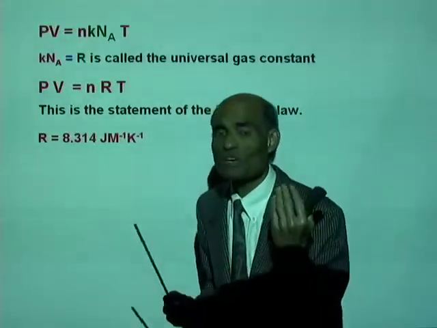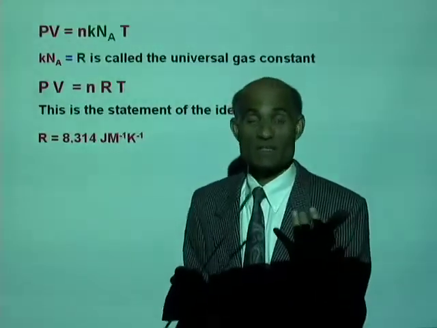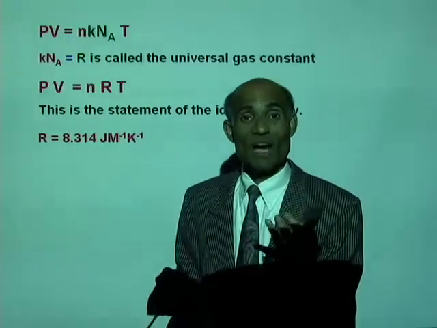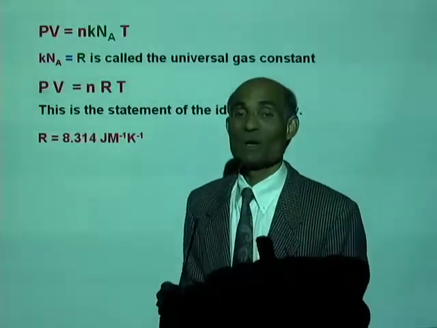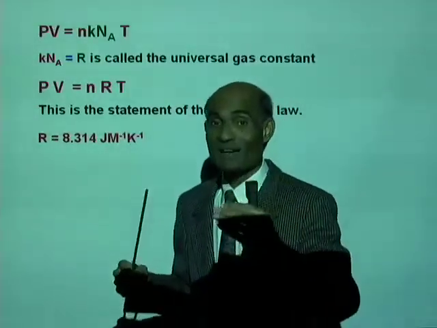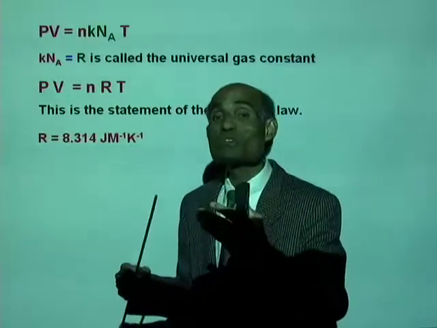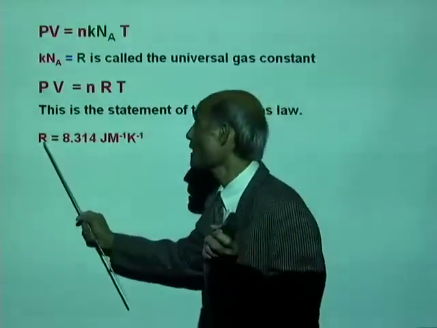Now in chemistry very often, pressure will be measured in atmospheres and volume in liters. But in physics very often we measure pressure in Pascal and volume in cubic meters. So depending on these units, the value of R will change.